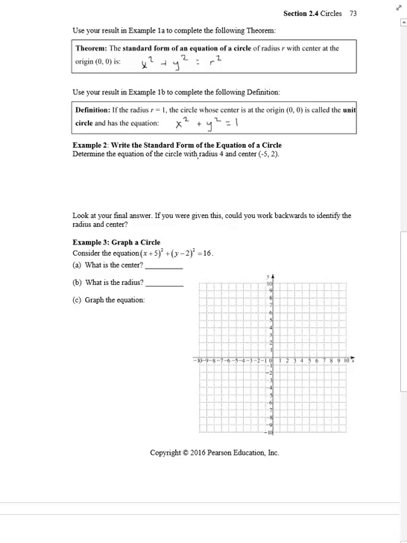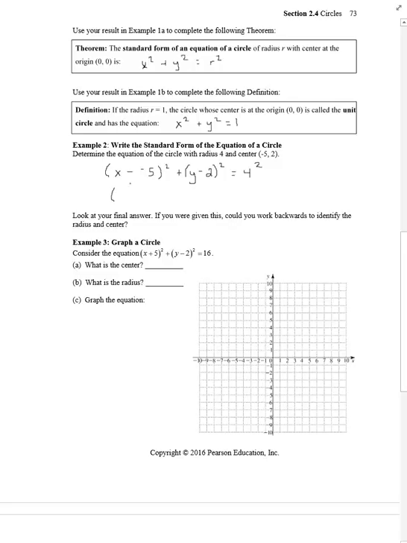So determine the equation of the circle with radius 4 and center (-5, 2). So it's x minus a -5 squared plus y minus a +2 squared equals 4 squared.